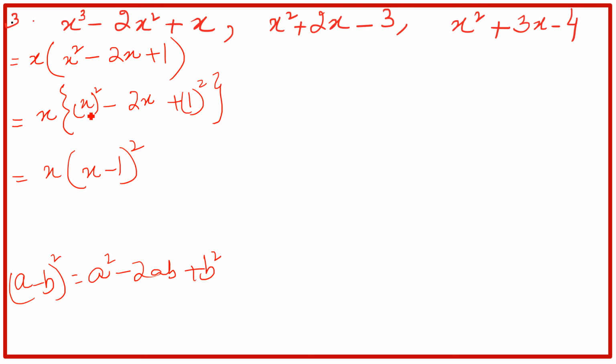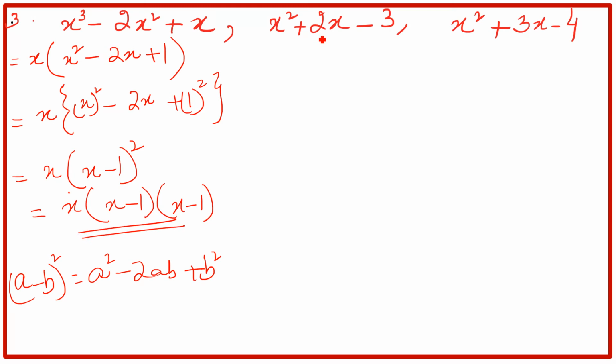So this is the square of the first term, this is the square of the last term. In the center we have negative 2x, so it is x into x minus 1 whole square, or we can write down x minus 1 whole square means we have x minus 1 into x minus 1 two times. So we will consider this the factorization of this part.